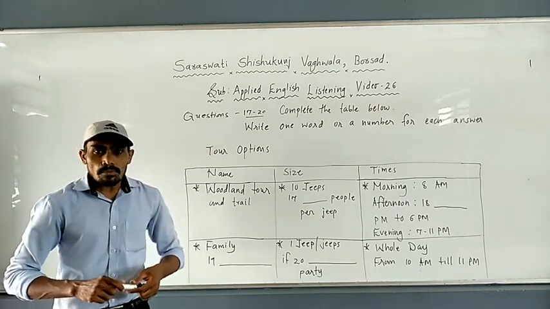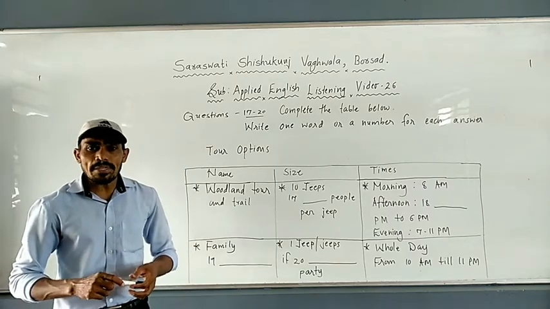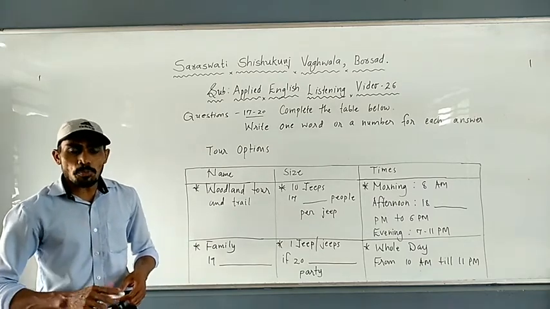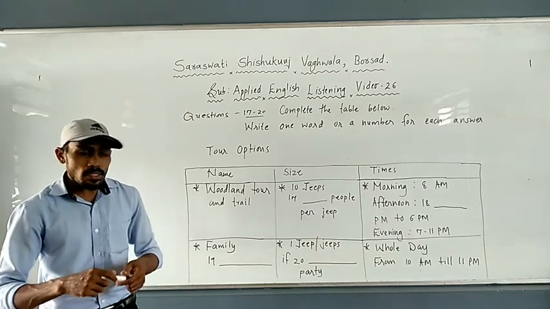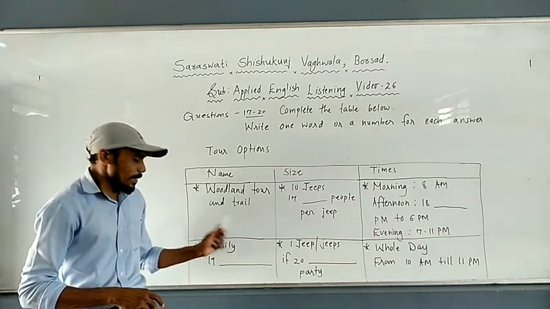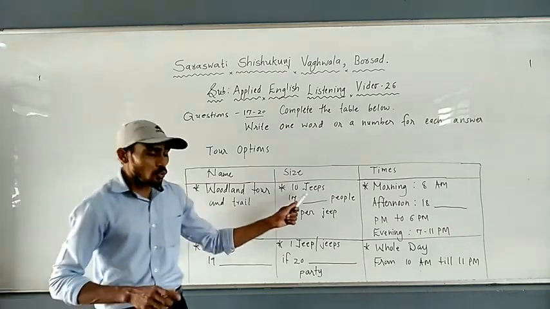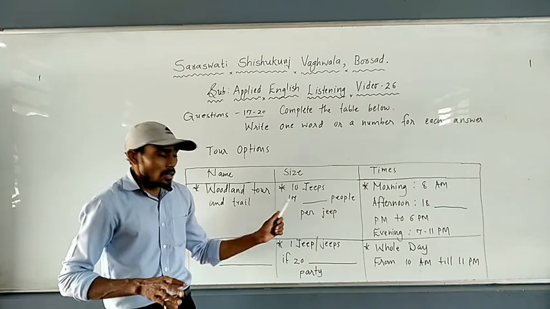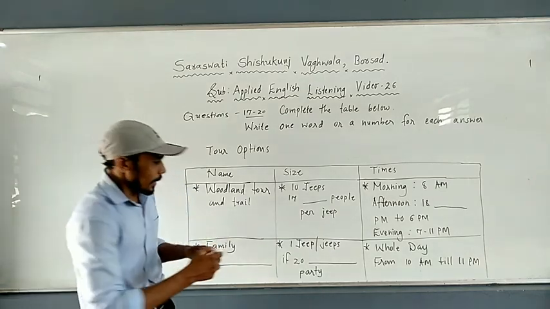Now, Barker says that yes, in summer vacation we don't deal with the schools, but we have special tours that I would like to talk about. The special tour is Woodland Tour and Trail, and it's very popular. There are a total of 10 jeeps, and a jeep can contain a total of 8 people.